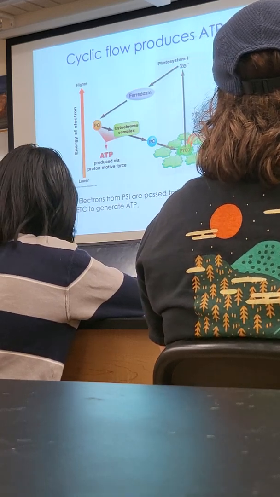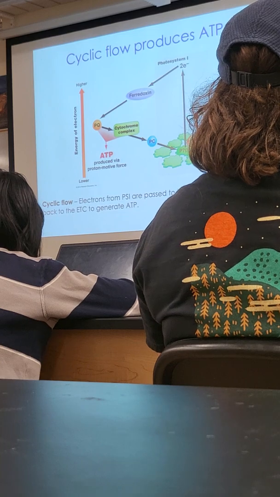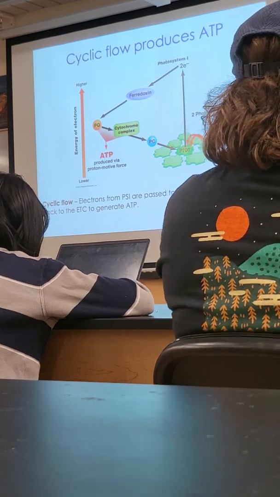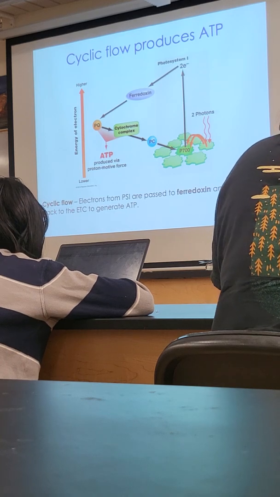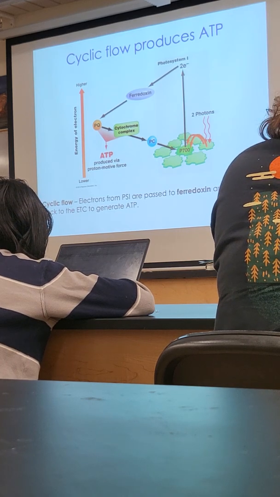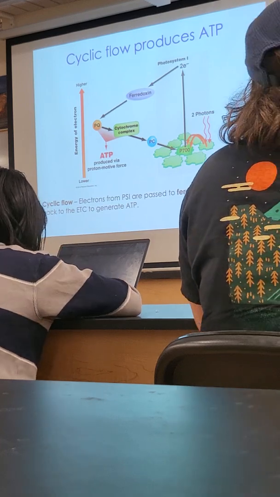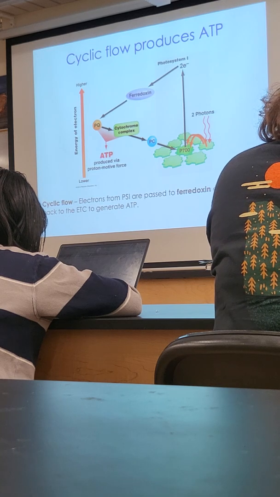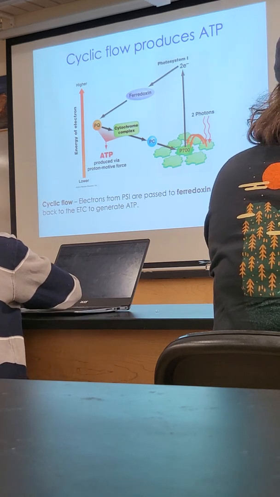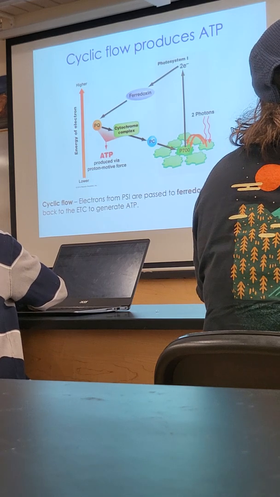ATP. Yeah, ATP. These two are needed for the Calvin cycle or for the carbon reactions. So you have to have the light reactions in order to be able to produce the sugars that we're going to get out of the Calvin cycle. And then finally, the other thing that is happening in the light reactions is that we are splitting water and we're producing oxygen. So we're producing oxygen gas at this stage as well.